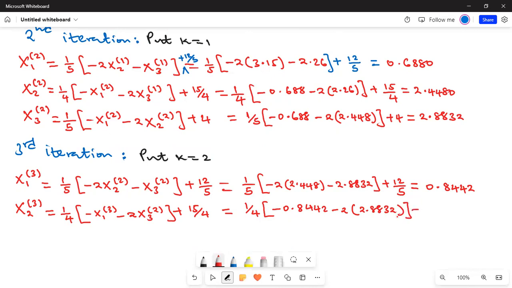You're adding this to 15 over 4. When you press, you need to get 2.0974.